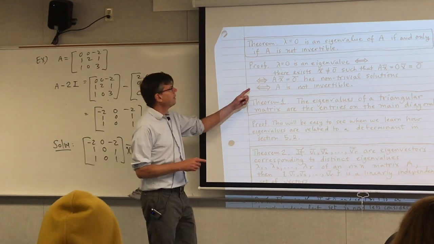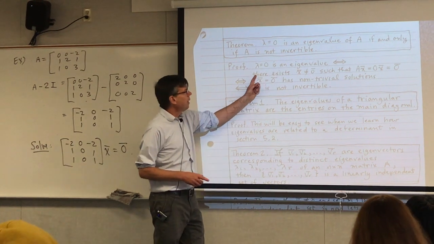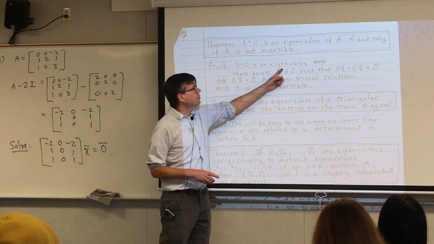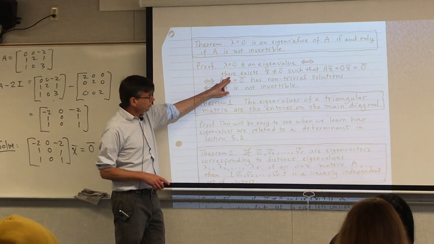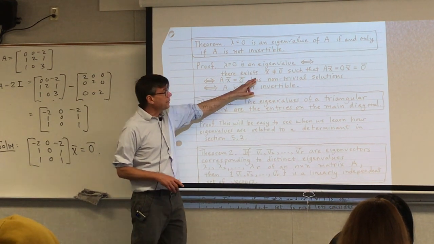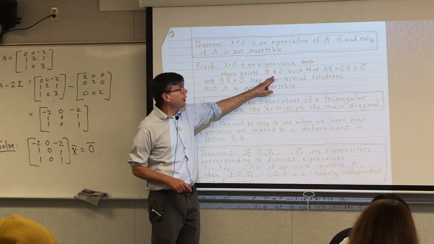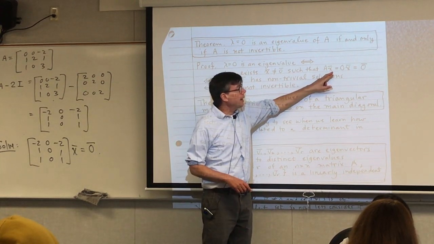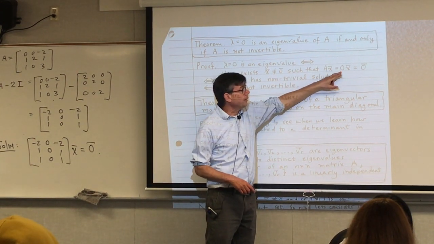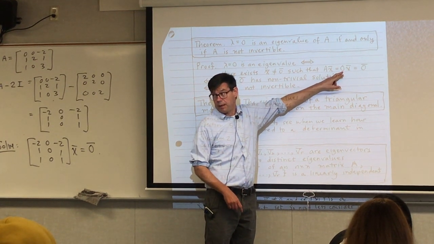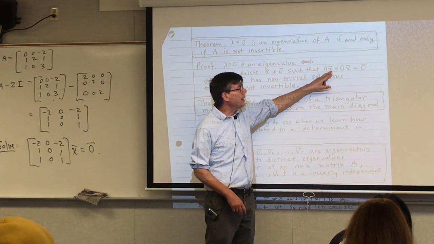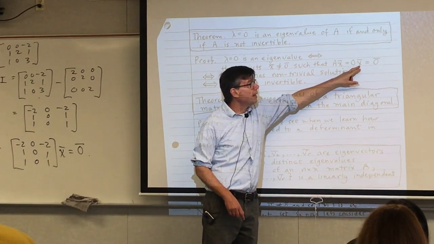Okay? So here's the proof. I think we can follow this. Suppose lambda equals 0 is an eigenvalue. Then there exists a vector x different from 0, okay, such that Ax equals 0x. So I put 0 in the lambda position. This is the defining equation for eigenvalue, Ax equals lambda x.